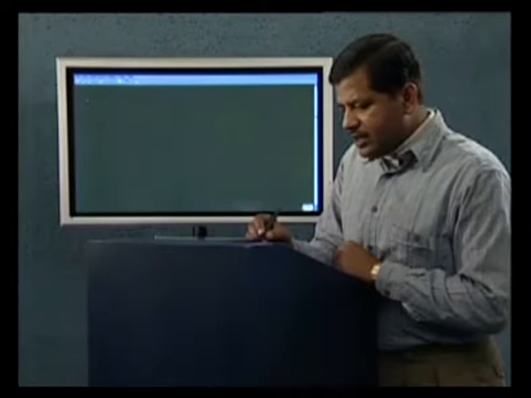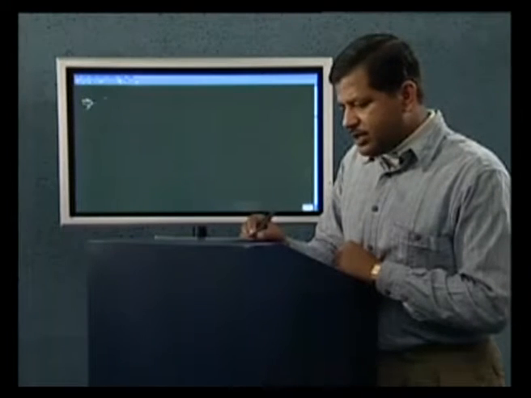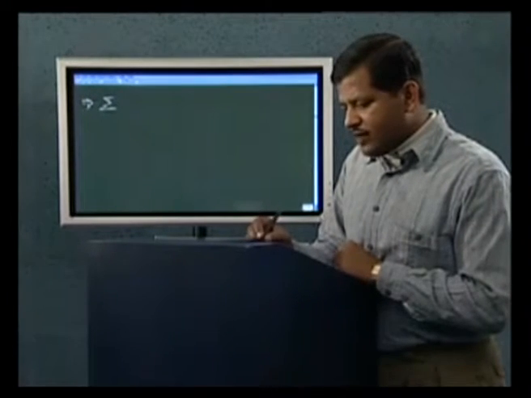We'll write implies summation of j is equal to 1 to n, sorry, I had put i, so let us put j, aj integral x is equal to 0 to L Ea, what will we get?